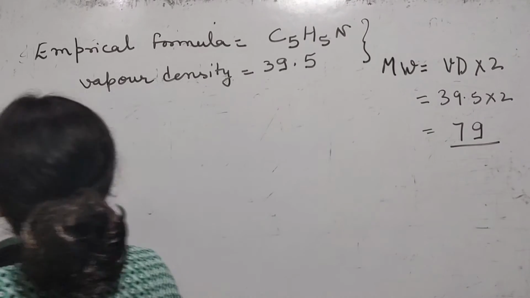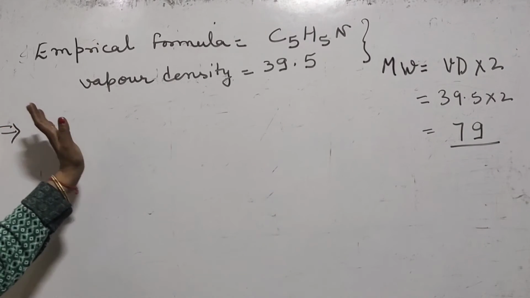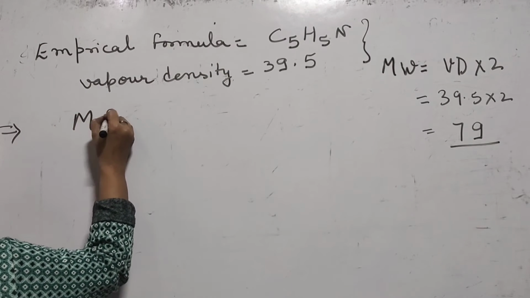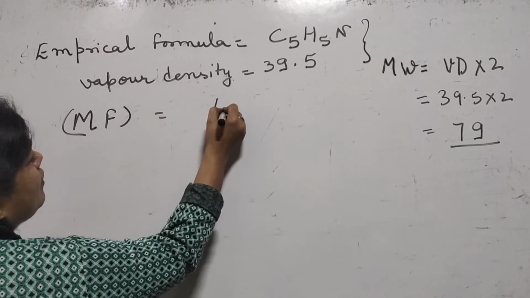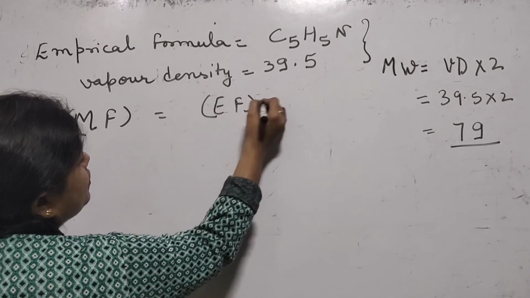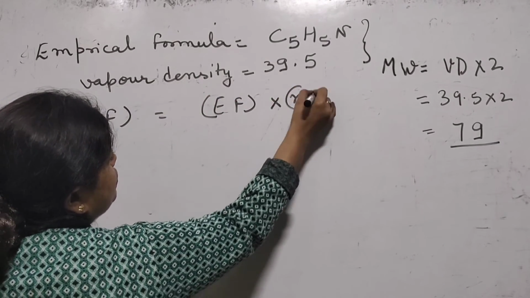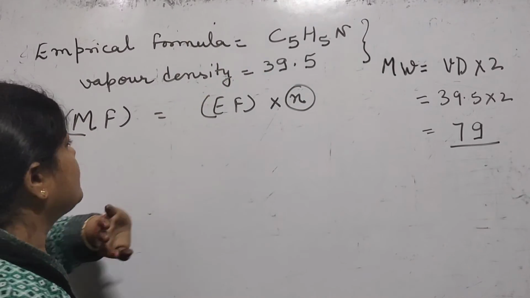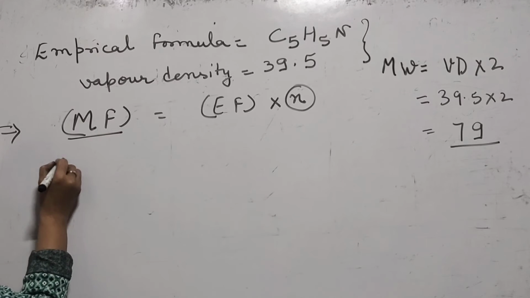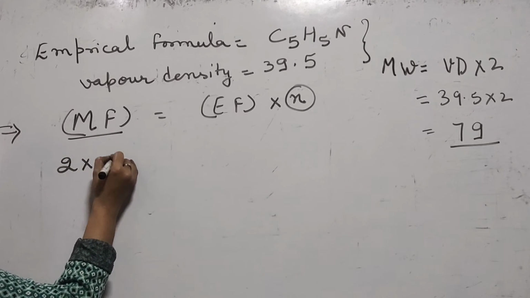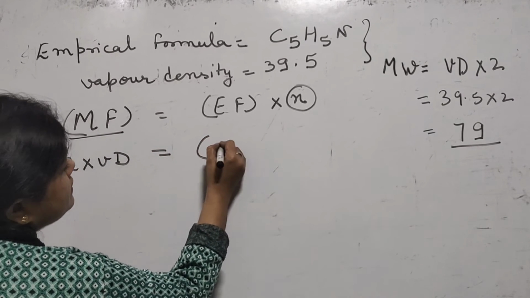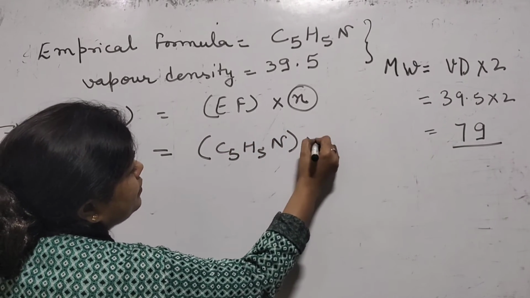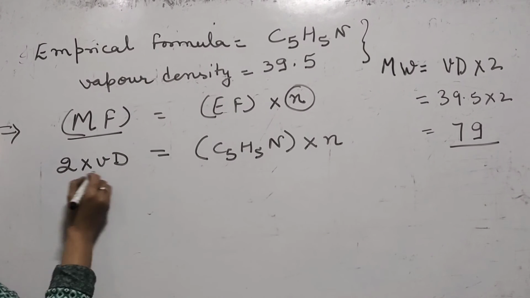Okay, so weight of molecular formula is weight of empirical formula into N, so that we turn this empirical formula into molecular formula. Okay, now molecular formula weight is 2 into vapor density is equal to C5H5N into N. So it becomes what?